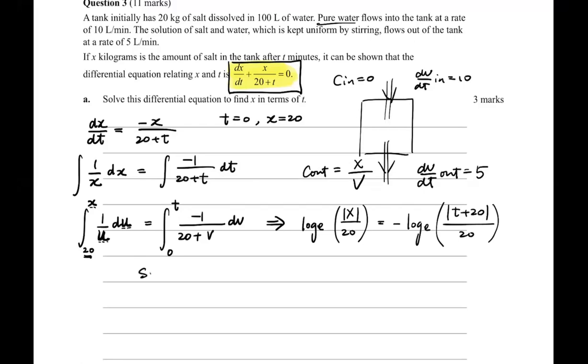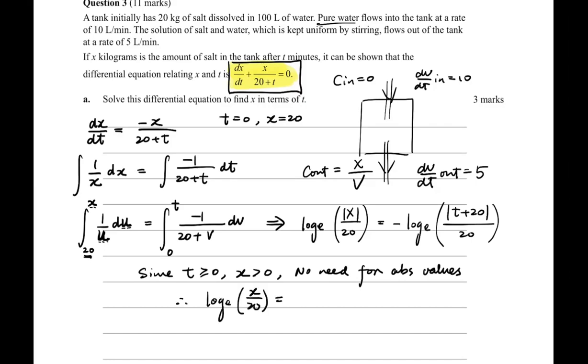You can say since t is greater than or equal to 0, x is also greater than 0, no need for absolute values. Therefore, log e of x over 20 is minus, let me write everything clearly, legibly.